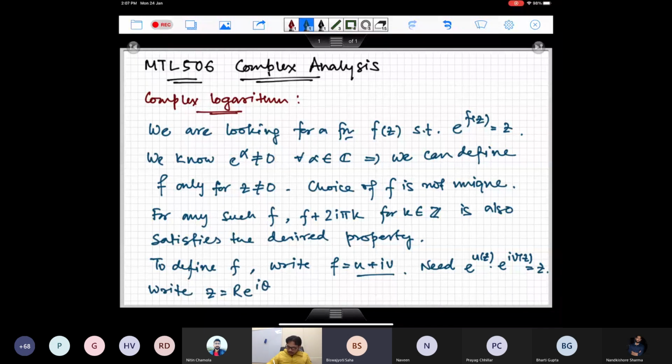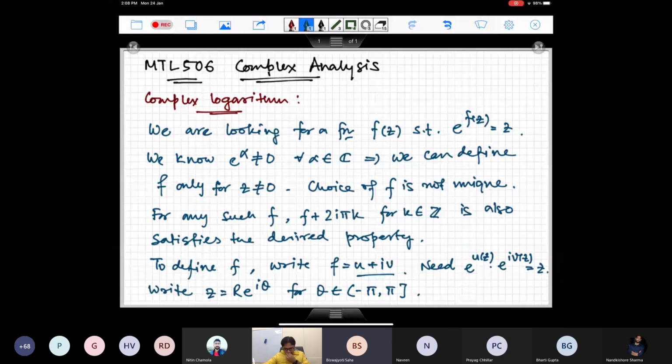Initially we are going to stick to one choice of theta, in one range. So let us fix theta belonging to minus pi to pi. Here of course r is the absolute value of z.